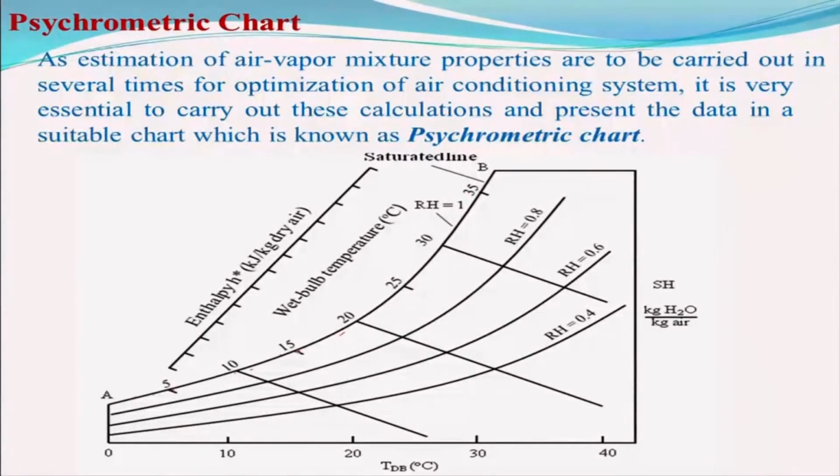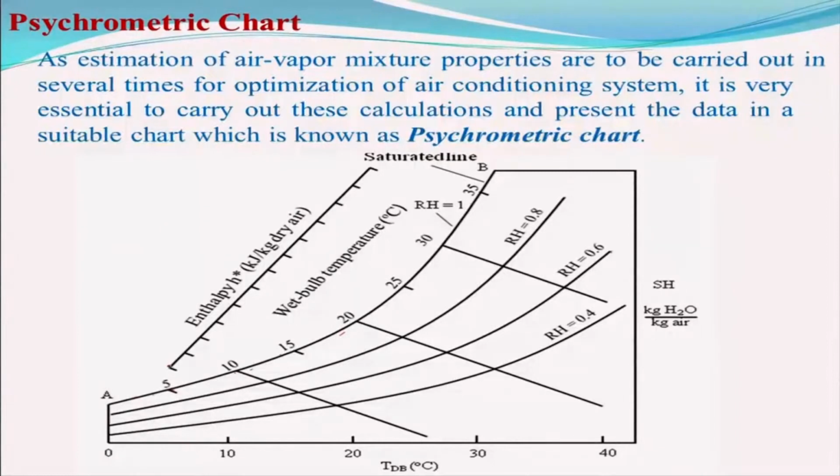Keep in mind that the other relative humidity lines are parallel to this line. Let us say this is 100% relative humidity, that is 1, and relative humidity 0.8 is given here, and then 0.6, 0.4 and 0.2, right?